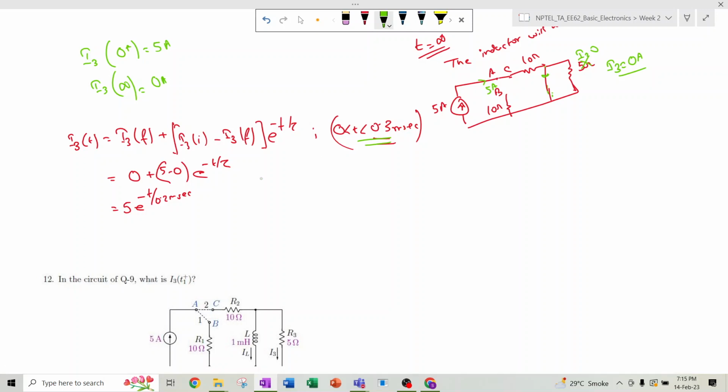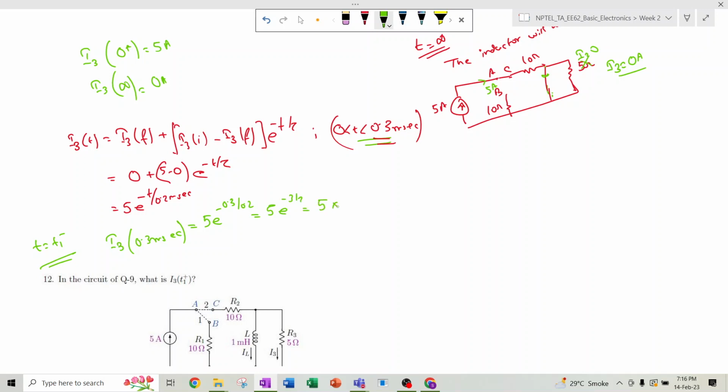Now, as the question asks, what is the value of I3 at t equal to 0.3 millisecond? That means t equal to t1 minus, so we can determine that value by 5 e to the power minus 0.3 millisecond divided by 0.2, that means 5 e to the power minus 3 by 2.